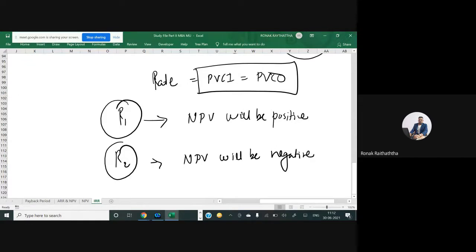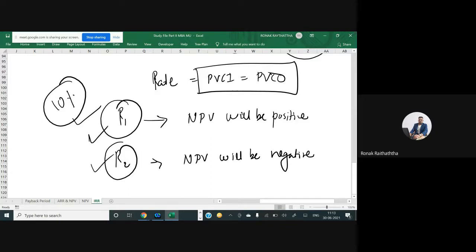Now that's entirely our own assumption. We may start it with 10, we may start it with 15, 20. Now there is no specific benchmark given by any book. But generally, we will start it with 10%. Why? In order to maintain the uniformity among all the students, because some people may start it with 5, some will start it with 15, and higher the gap between this R1 and R2 will be, higher the approximation will be.